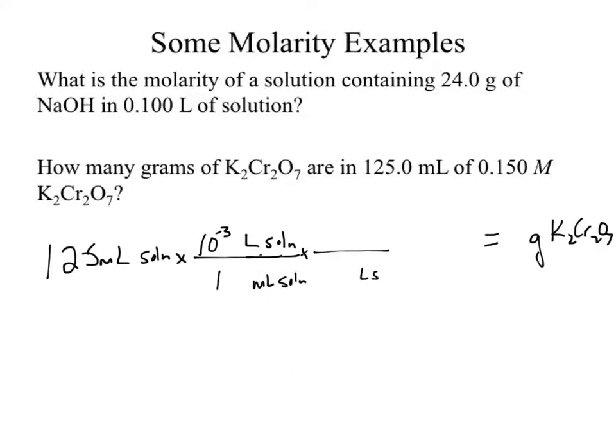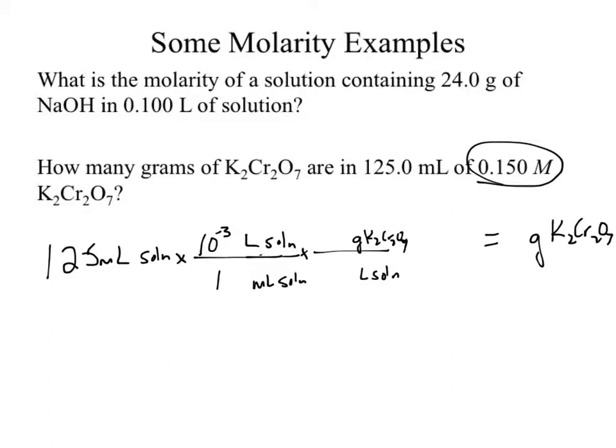I now have liters of solution, and I want grams of potassium dichromate. Do I have a conversion factor between that? No. But what's this 0.15 molar thing?